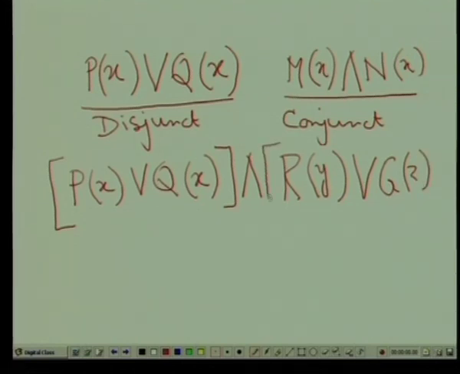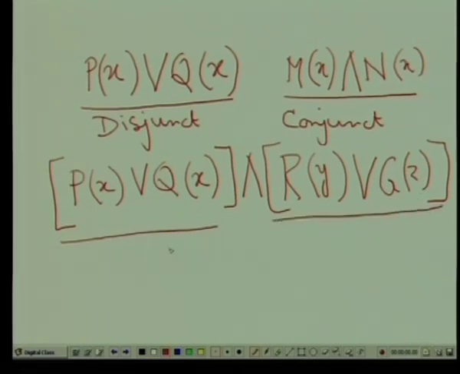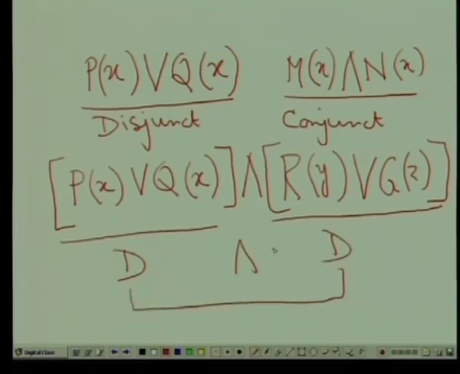Now, this is another disjunct. So, this is a disjunct, this is a disjunct, and I have got a disjunct and disjunct, and I have got a conjunction of these disjuncts. So, it is a conjunct, right. So, a canonical form will be a conjunction of disjuncts only, all right, disjuncts only, that is a canonical form.